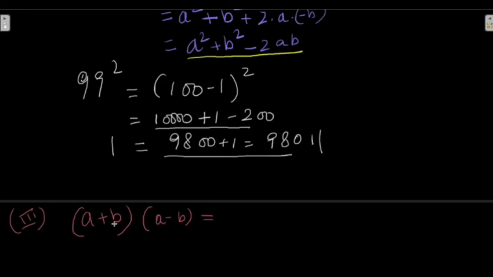So again, what we do is we multiply this entire stuff with a, and then whatever we have in these brackets with the second term, minus b. So the same distributive property, right?